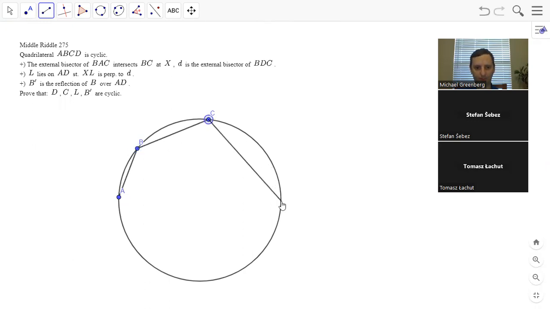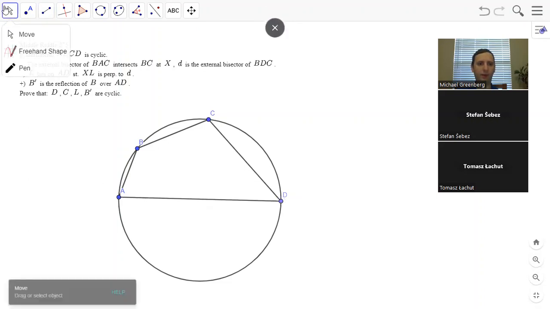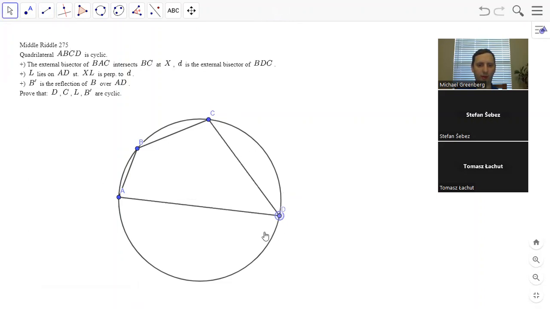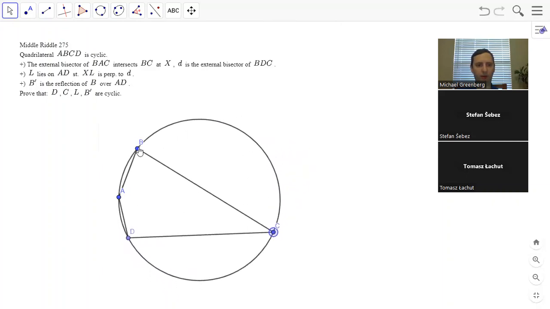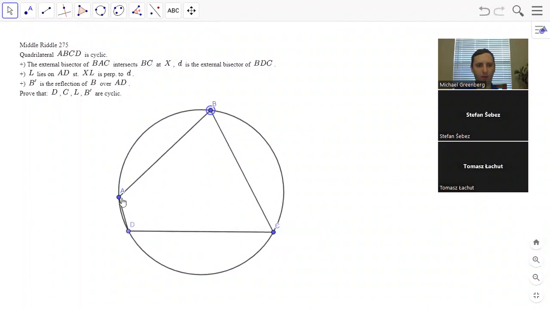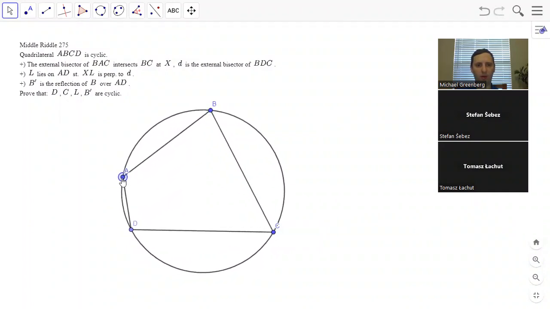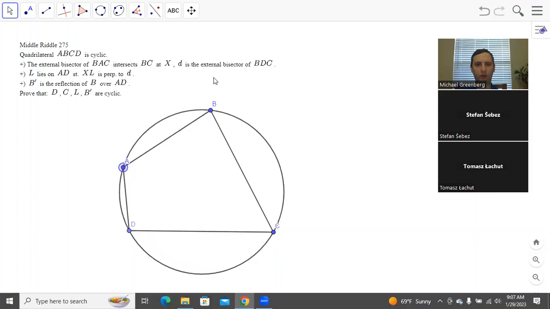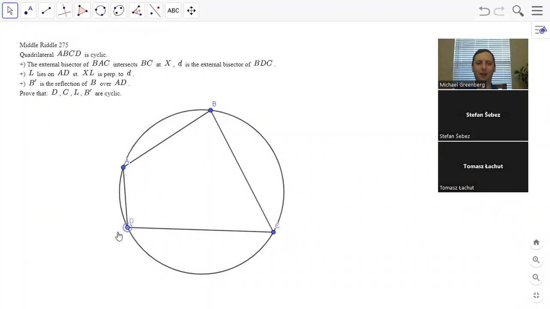So we draw the external bisector of VAC. So maybe it might be better, let's see the best way to draw this. Check the chat. Oh, the India problem is just an angle chase.